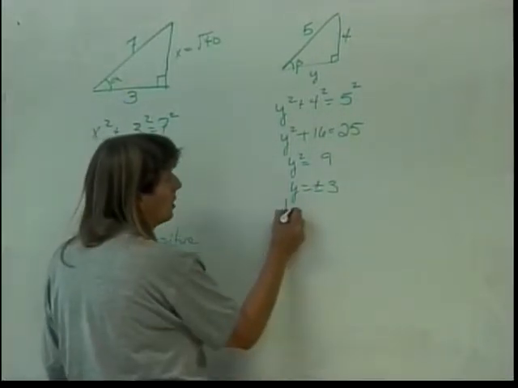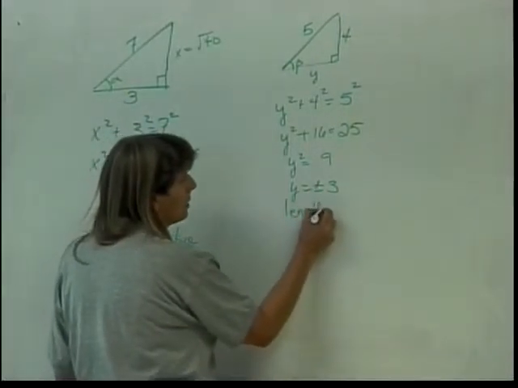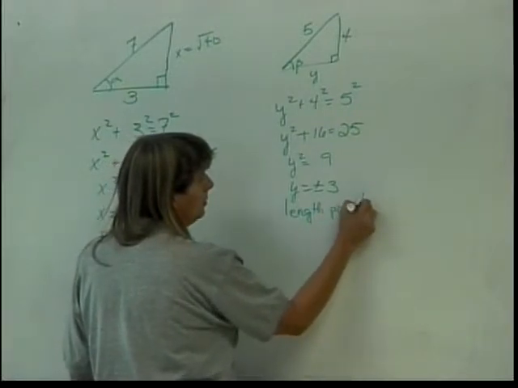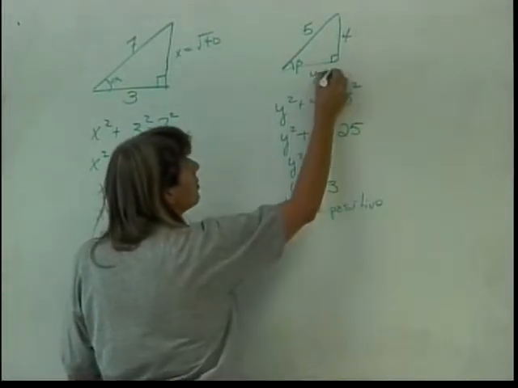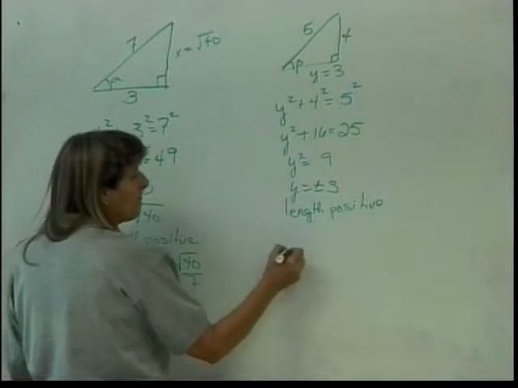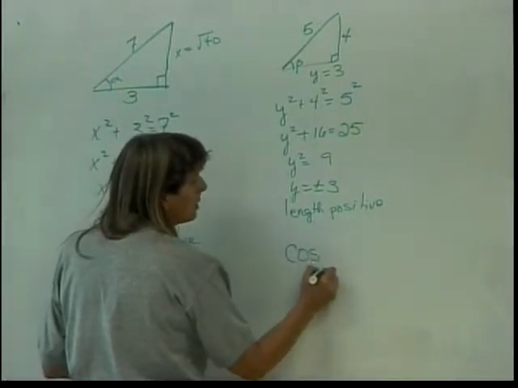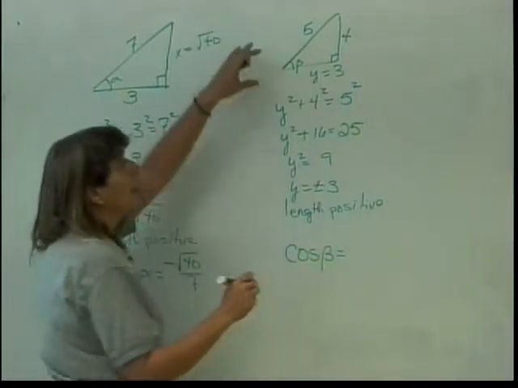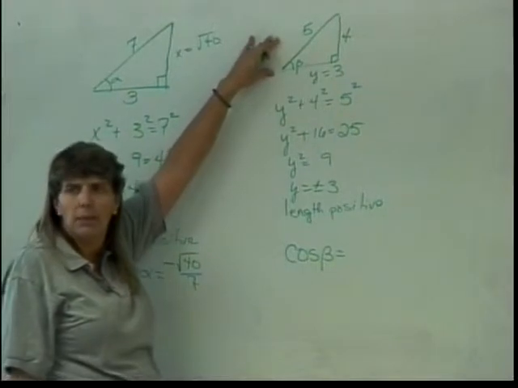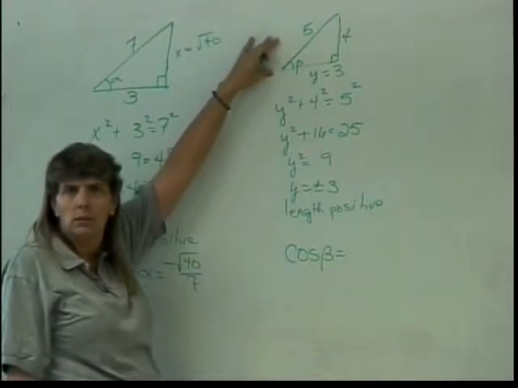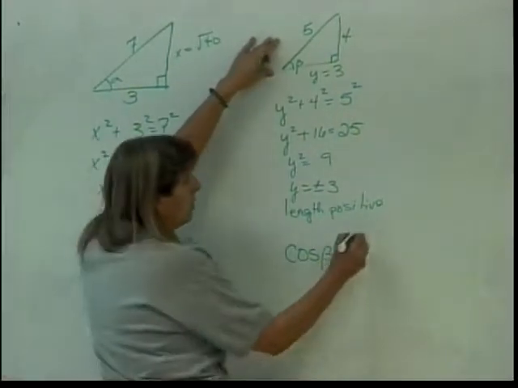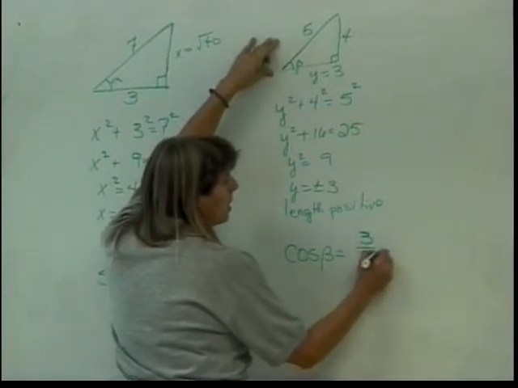But we've got a triangle again. Length is positive. So this side of our triangle is 3. But what I'm going to really need is the cosine of beta. Based on the triangle, what will it be? 3 over 5.